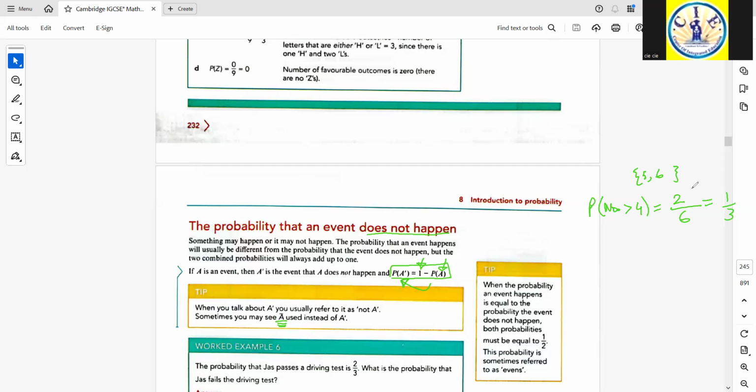So when I say the probability of a number which is not greater than 4, not greater than 4 means I am interested in having 1, 2, 3, or 4.